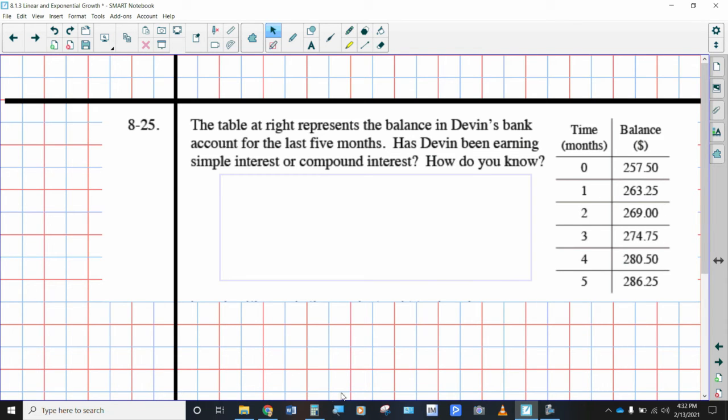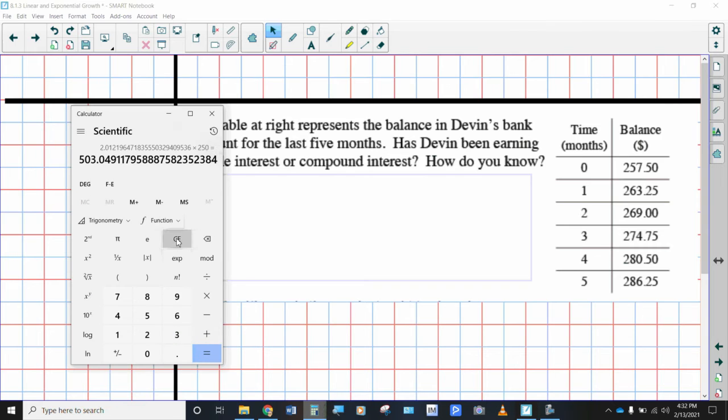So I'm going to take $263.25 and subtract away 257.5. 263.25 minus 257.5 is $5.75. So I'm going to add this to 263.25 and see if I get 269.